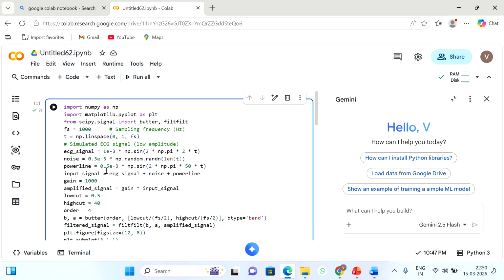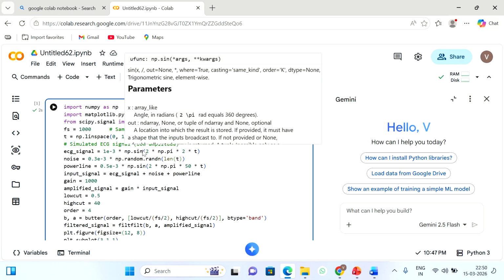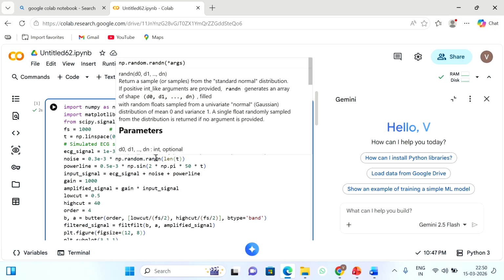So the time array contains values like 0.000, 0.001, 0.002, up to 1, and this is used as the x-axis when plotting the signal. The next line creates a simulated ECG-like signal with low amplitude.